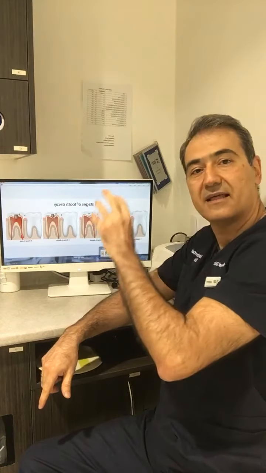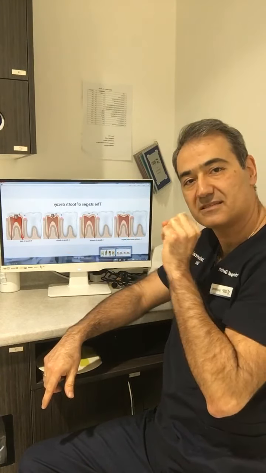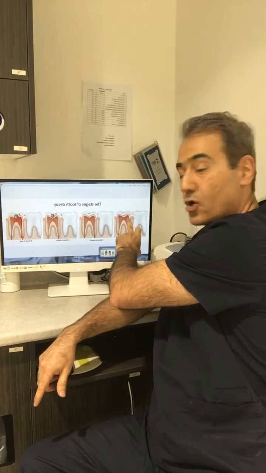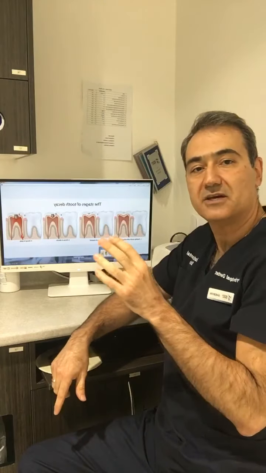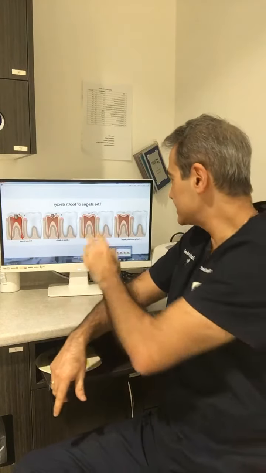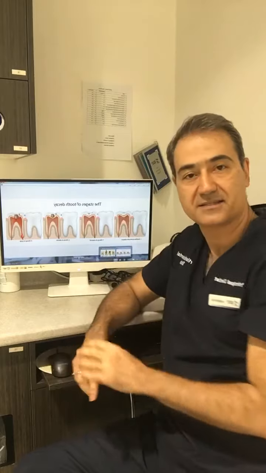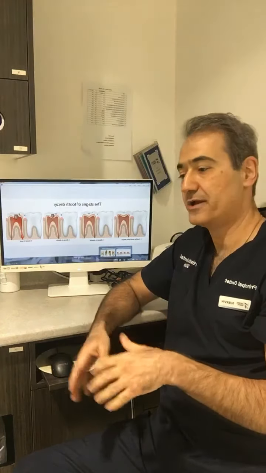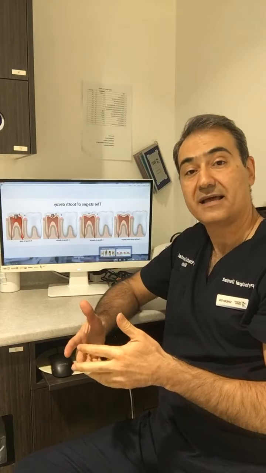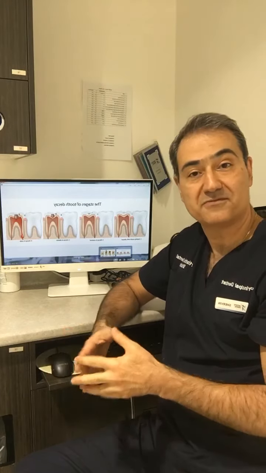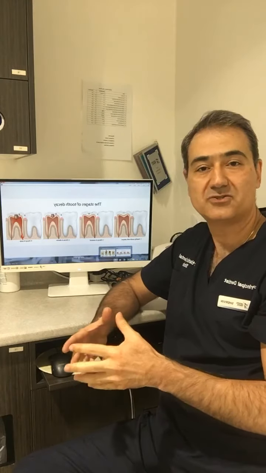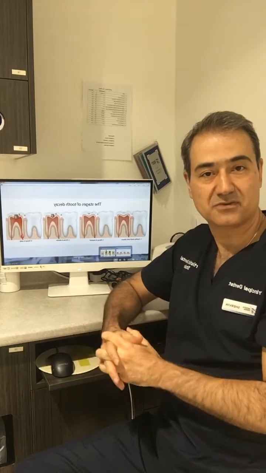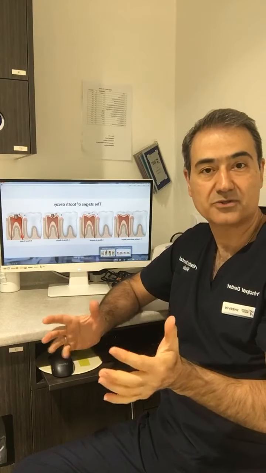Whatever causes bacteria to enter this space, it could come from the gum around, or something like a dental decay, would affect the nerve inside. And when the nerve inside is affected, or I'd better say gets inflamed or infected, then we need to remove the nerve from within the tooth in order to save the tooth. And this procedure is called root canal treatment.